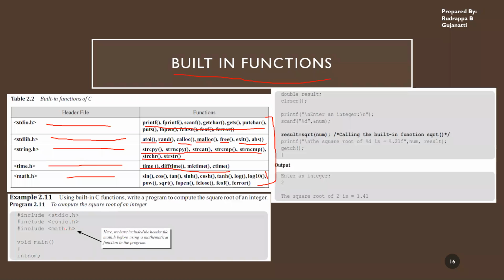Already we had seen that we utilized these header files: printf is in standard io.h. The clear function is actually in conio.h. Here you can see that you're using square root, which is actually present in math.h. And scanf is present in standard io.h.